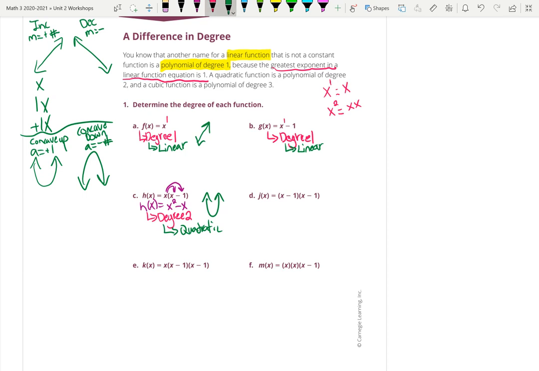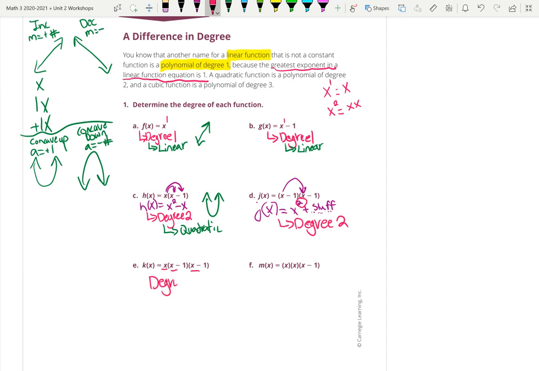Now D, I know that when I distribute this, the first term of j of x is going to be x squared plus some stuff. I don't really need to look at it because the highest exponent is going to be 2. So I can just do less work and see that there's 2 x's. And notice how it's degree 2. For example, in E, 1, 2, 3.